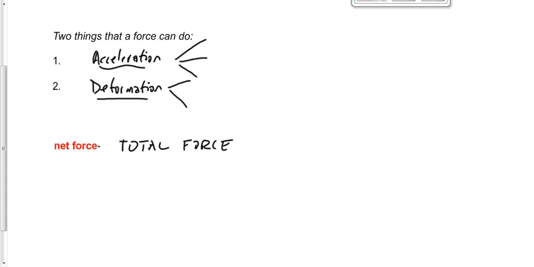If the net force is 0, then the forces are balanced. Maybe you have a force of 10 this way, but a force of 10 the other way balances it, giving me a net force of 0. If we have a net force that's not 0, then we usually say we have an unbalanced force. Maybe you got a force of 10 one way and a force of 12 the other way, causing a net force of 2 newtons one way. Net force, unbalanced force.